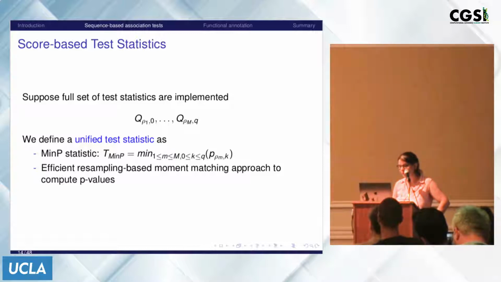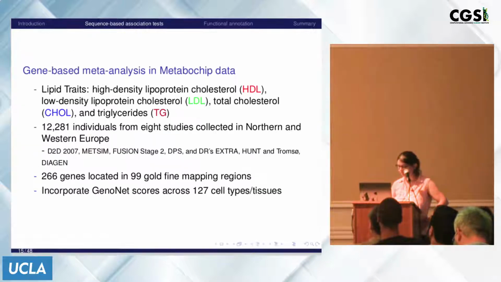We can get the p-value for each of them, and then our overall test statistic is the minimum p statistic. We've developed an efficient resampling-based moment matching approach to calculate p-values.